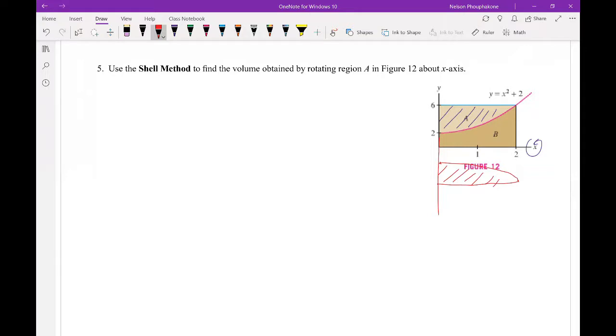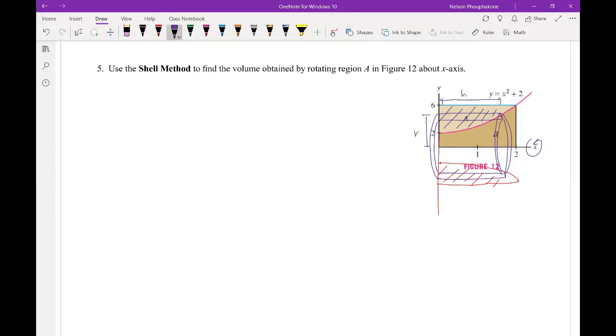Okay, so then if I want to draw, okay, so we have something like this, to create a shell method. So therefore, in this case right here, for the shell method, we know that this is actually my R, and then this is actually my H, my height.